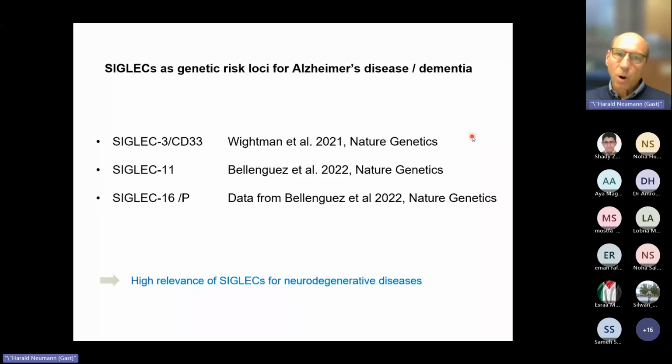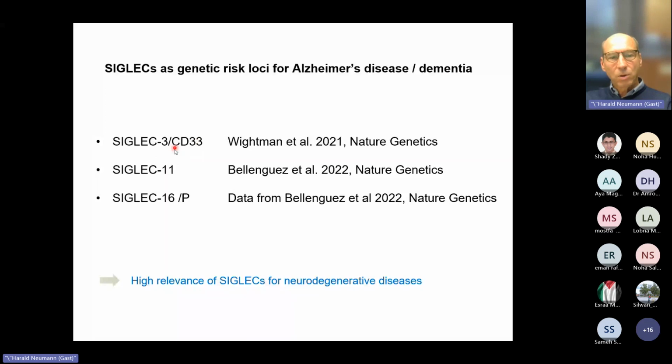Therefore, I always prefer to say that this is linked to dementia, although people normally publish it as a linkage to Alzheimer's disease. This has been known for many years for Siglec 3, CD33. There is a clear genetic linkage to dementia and Alzheimer's disease.